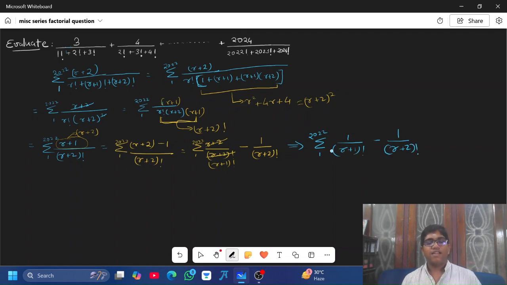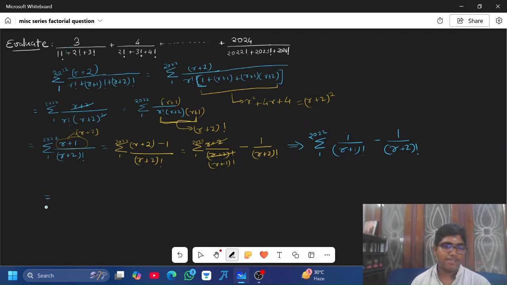Okay. Now what we'll do is we'll just open the sigma, substitute a few values of r, look at the pattern and we can cancel. So at r equal to 1, we get 1 by 2 factorial minus 1 by 3 factorial.